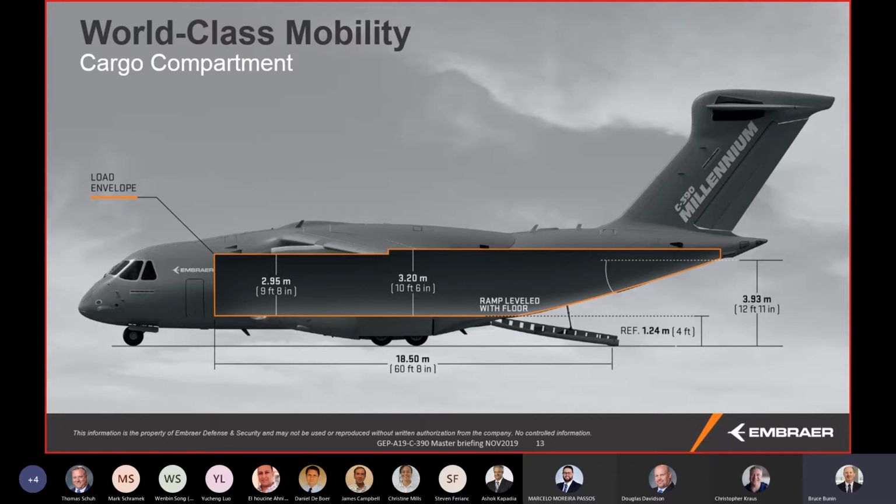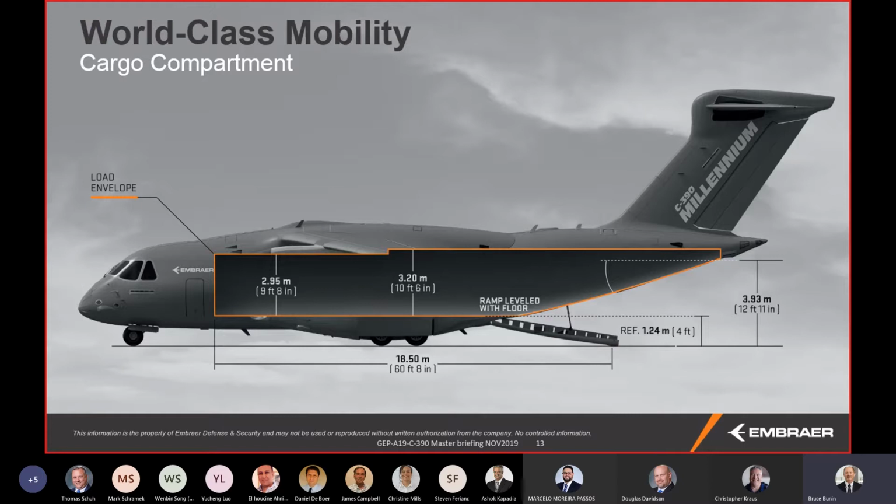The biggest difference here between the airplane we're primarily competing against is that the ramp is at a much more shallow angle, which is fundamental to the design. But it enables easier loading and unloading of rolling stock up and down that ramp. What it takes away in the design is, because it's a longer, more shallow ramp, it does eliminate some length of flat floor. But this is the concept.